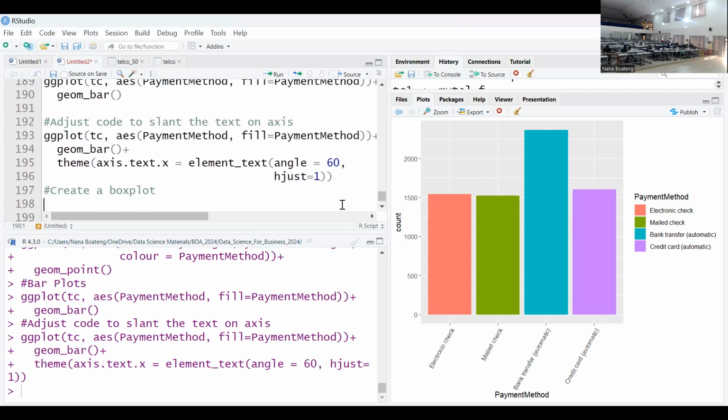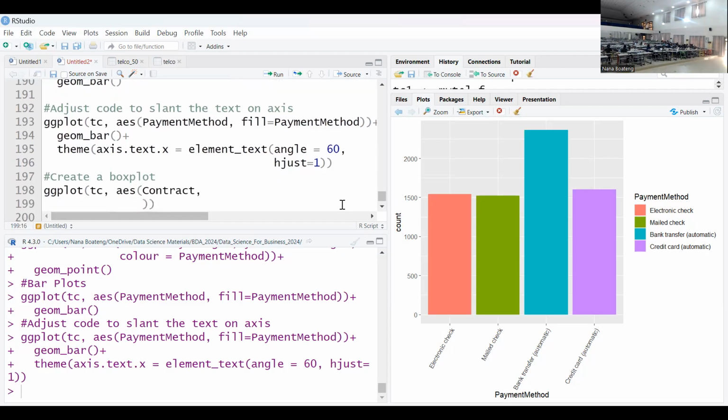So here, we ggplot our TC data, aesthetics. So we are going to look at just contracts, all right? And then our Y, total charges.